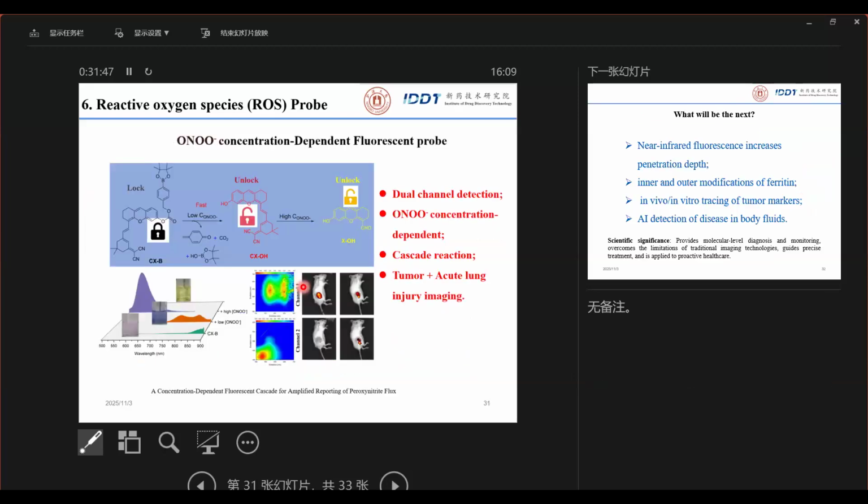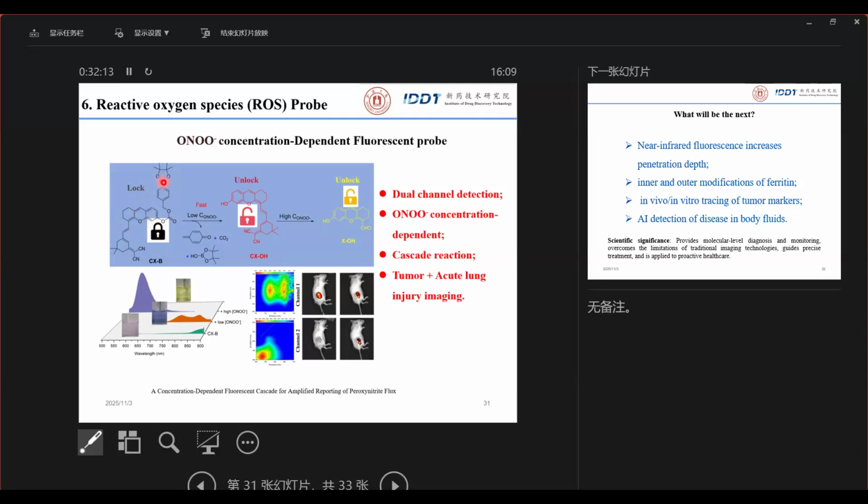Okay, and this is our recent work: fluorescent probes for different concentrations of ROS. What is very interesting is that this fluorophore is kind of locked in the normal state, without stimulation by ROS.